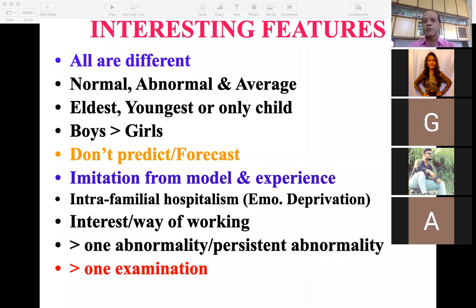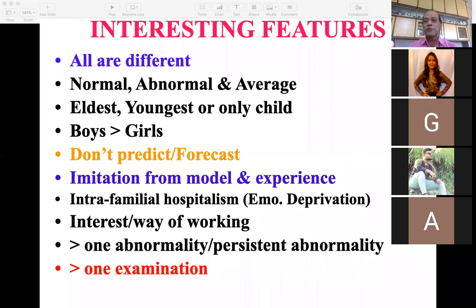If you ask him to wave bye-bye, tata, anything, he may not do that because he is not interested in you. He does not feel that you are so superior that he should respond to all your questions or gestures. So please remember, in one examination you may not be able to label a child as normal, abnormal, or average. Repeated examinations are required.